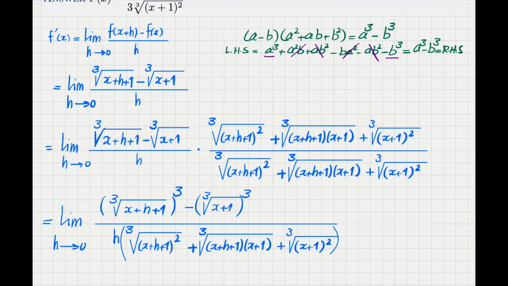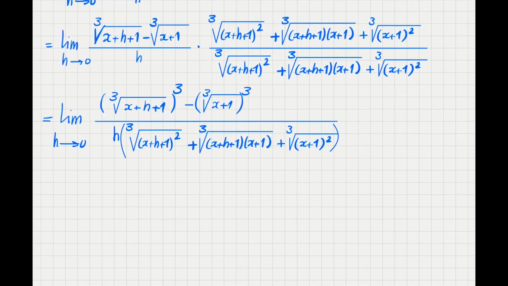So hopefully you understand what's going on. I have multiplied these two, and I use this identity. It gives me the first one to the 3 minus the second one to the 3, and then I multiplied this h by the whole expression, and I have written it down here.